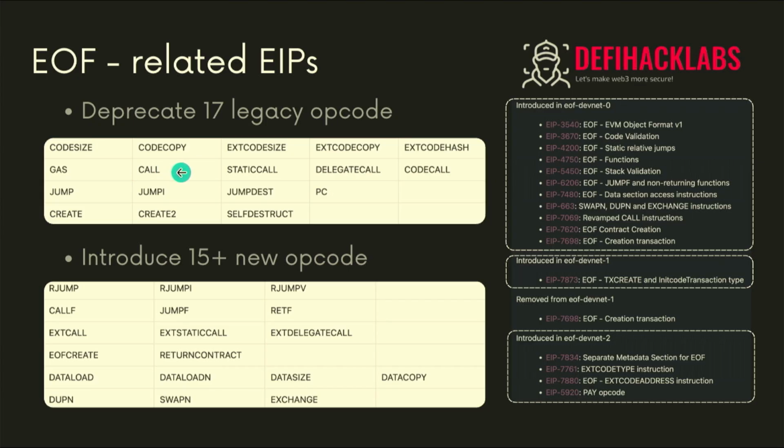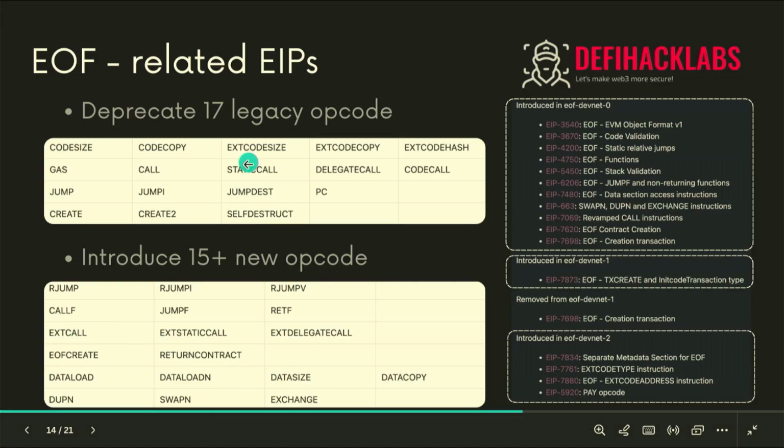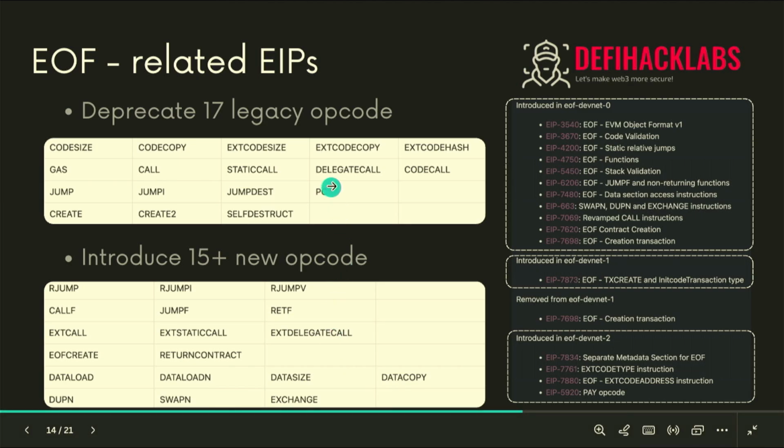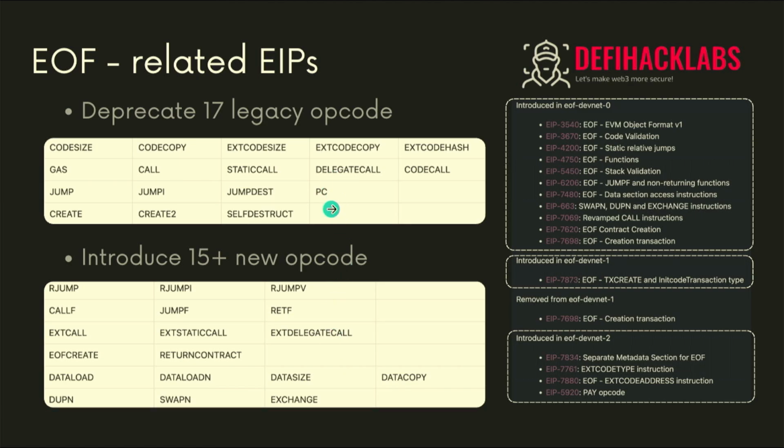All the code-related operations are deprecated, but there are replacements for them. CODECOPY is replaced by EXTCODECOPY, and you could check the similar replacement for the other code operations. And the jump operations are also deprecated.